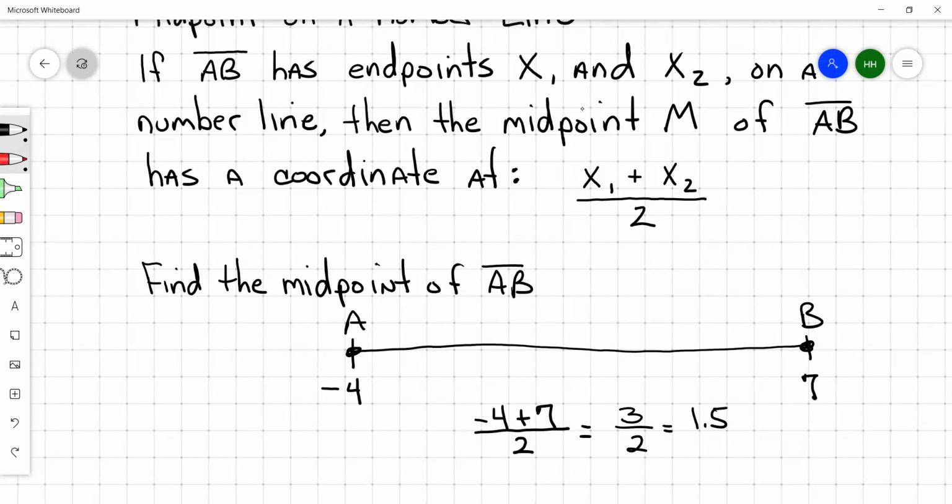So this point right here, we're going to call it M, stands for the middle, is going to be at positive 1.5 on the number line. That's how you find the middle of a segment on a number line. You take the two endpoints, add them together, divide by 2, and that value is the midpoint of your segment.